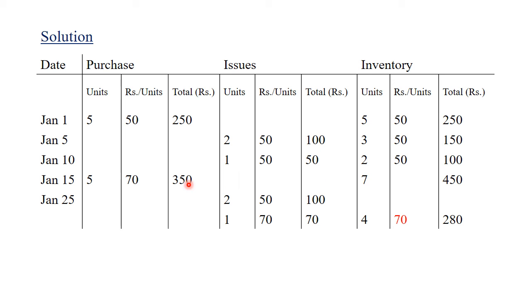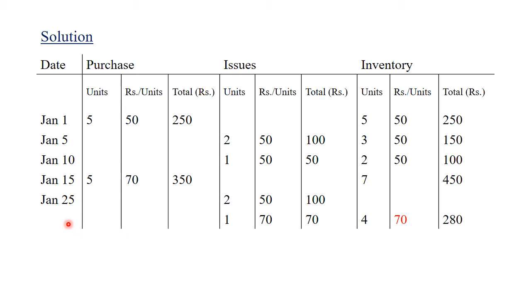We already have 2 bikes which we had purchased for rupees 50 each, so you get 100. And then we have 5 bikes bought at 70 rupees, so you get 350. So you get a total of 7 bikes for 450. Clear? So this part is clear, I hope.